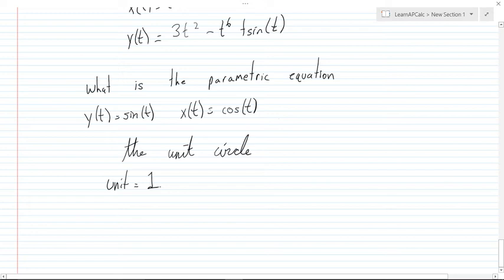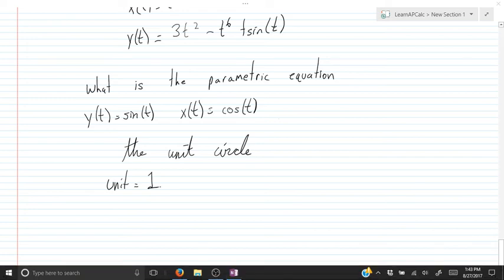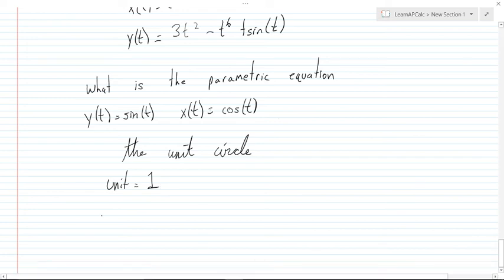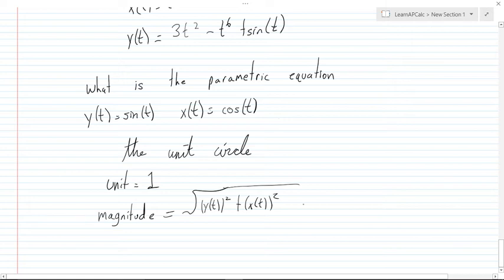So if I found what's called the magnitude of this function, or how big is this, I would square both sides and add them together and take the square root. So our magnitude is going to be square root of y of t squared plus x of t squared. If you haven't learned about magnitude yet, don't worry about this, but if you have, this is sort of a good way to think about it.